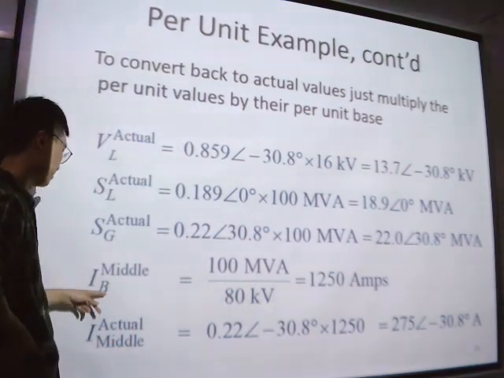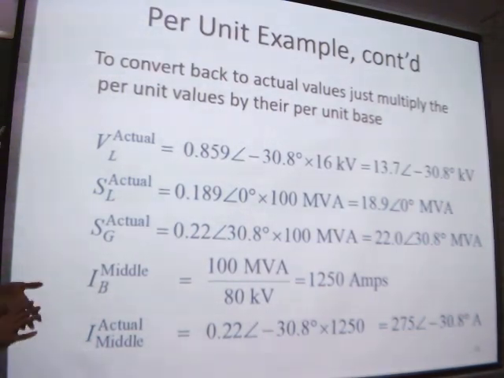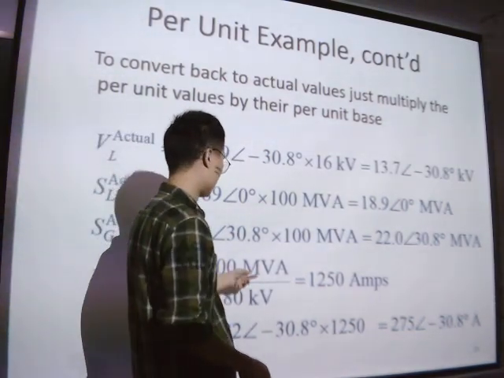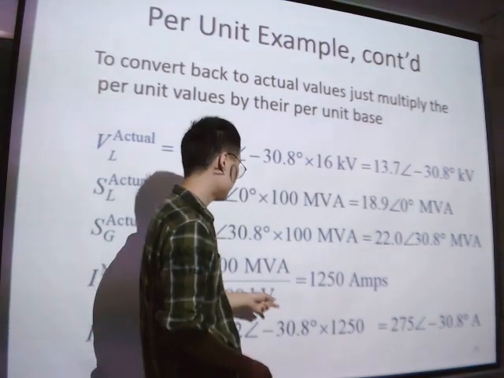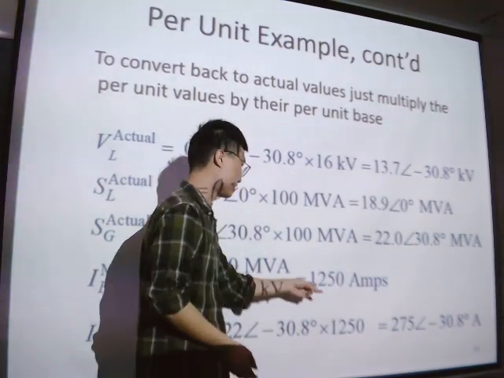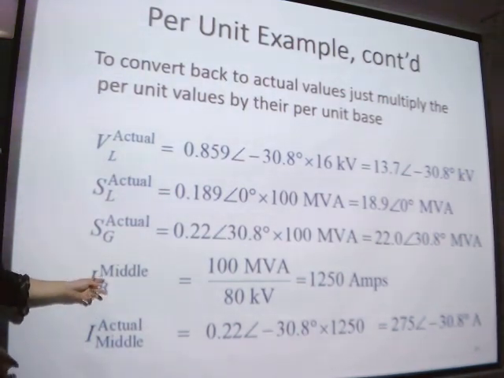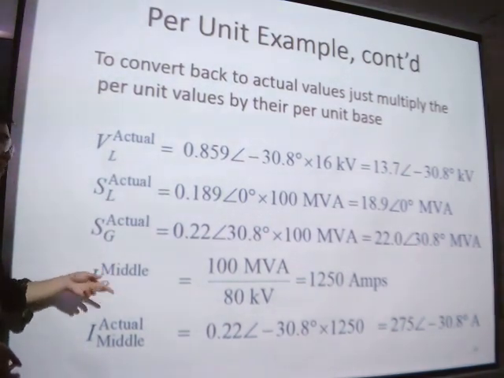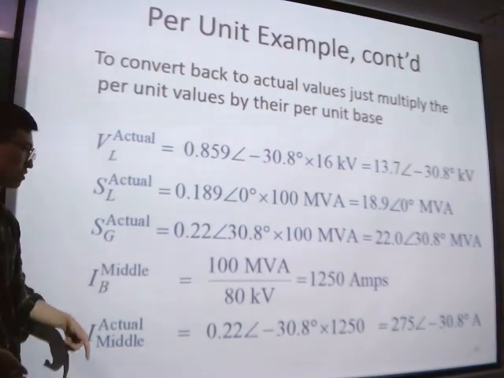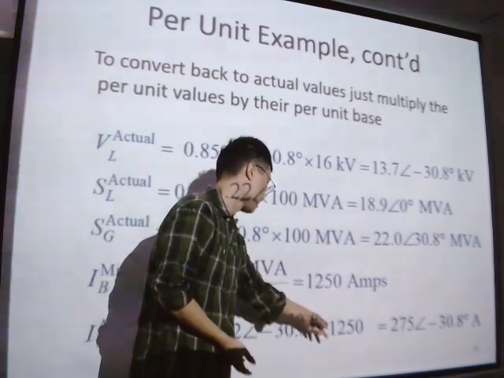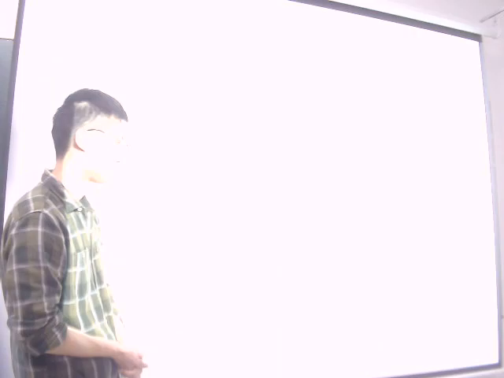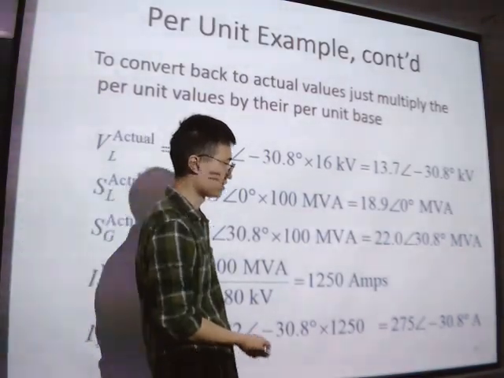So the actual current is the actual power divided by the actual voltage, and this is the base of the power. So this is the base, and this is the per unit value, something like this.